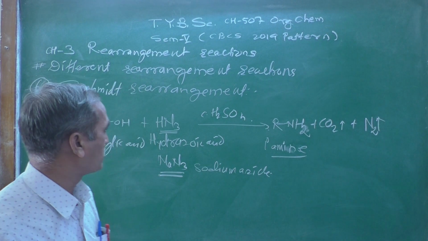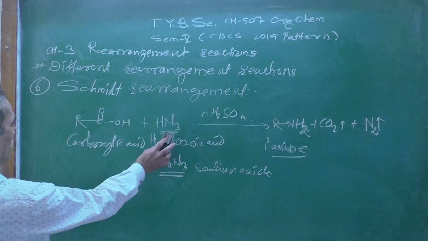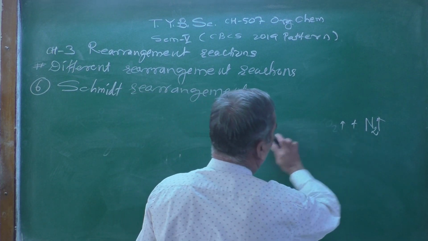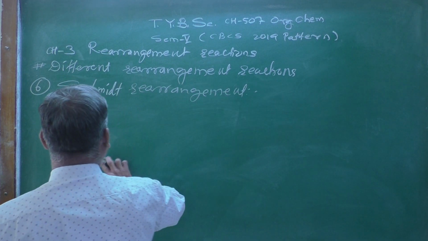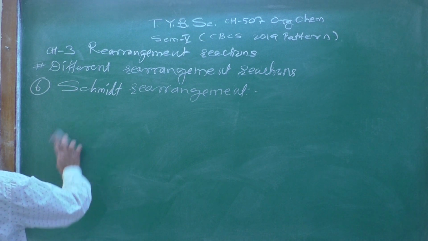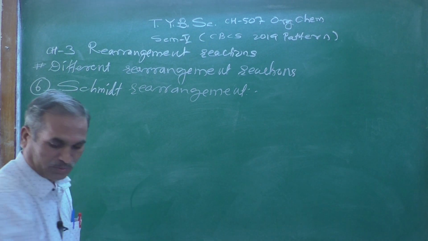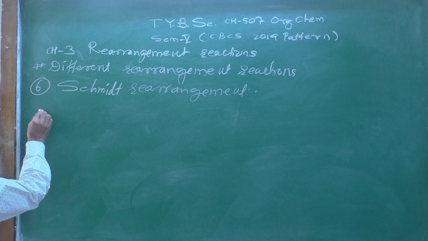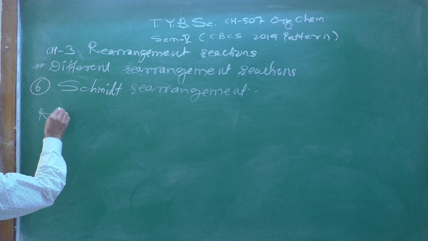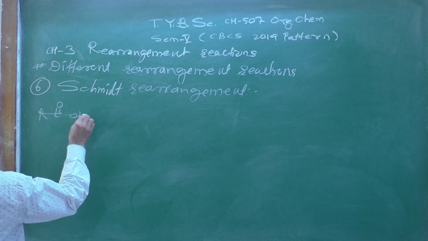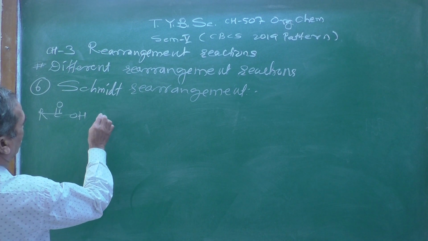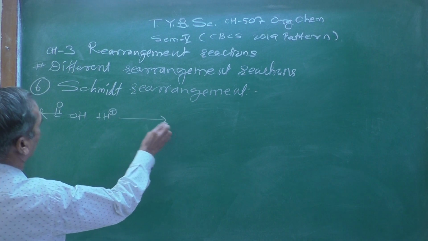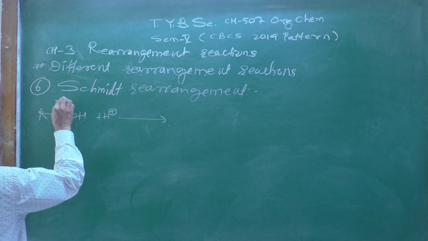Let us look at the mechanism once again, how the products are formed. First one, R C double bond OH, it will be treated with concentrated sulfuric acid. So what is going to happen?